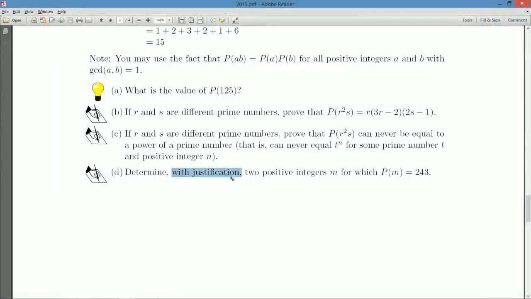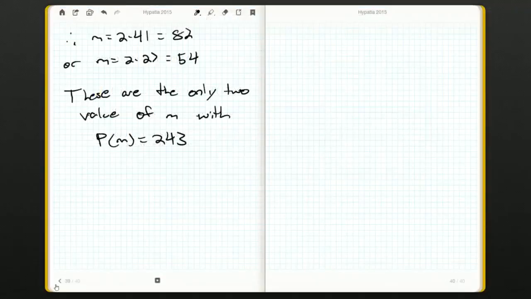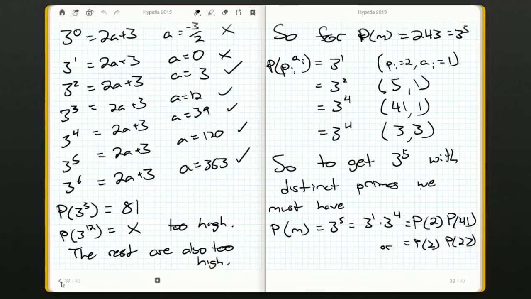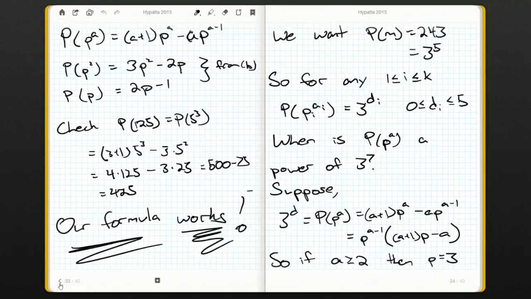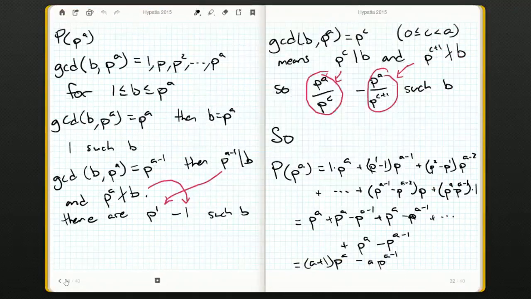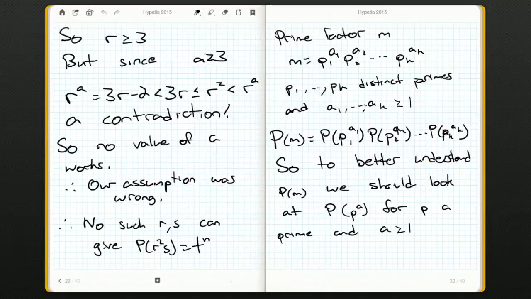Alright, so we determined with justification 2 positive integers m that gave us P of m equal 243, and in fact we showed that these are the only 2 possible values we can have. Alright, it was a long trip. First of all, we prime factorized m, because then we can use the rule we were given that if a and b are relatively prime, P of ab is P of a times P of b.